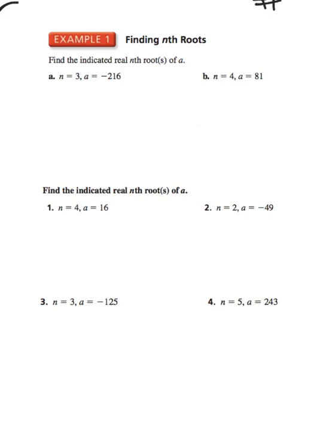It says find the indicated nth root of the value a. In other words, take the third root of negative 216. First of all, can this be done? Yes, you can do this on your calculator without getting an error. Is there a number that multiplied by itself 3 times is 216? Go ahead and try it on your calculator.